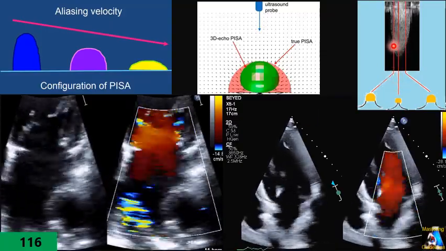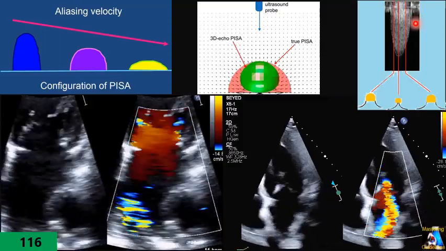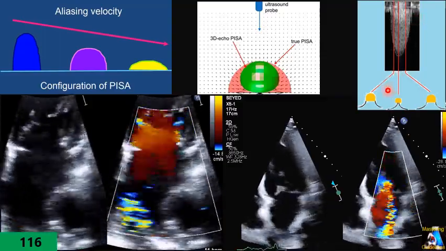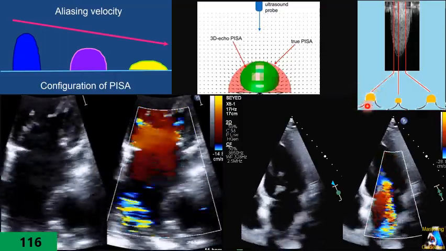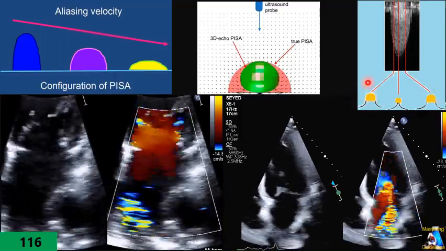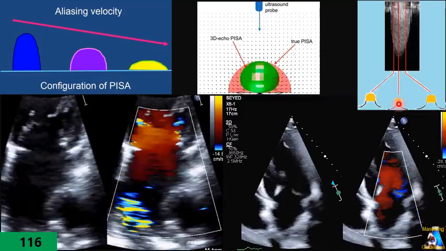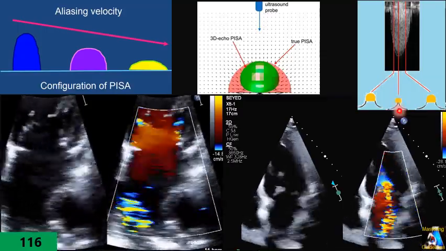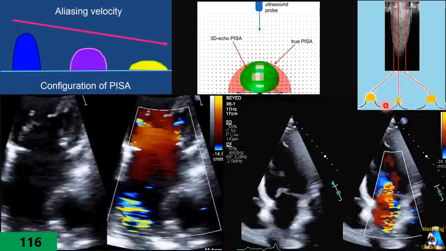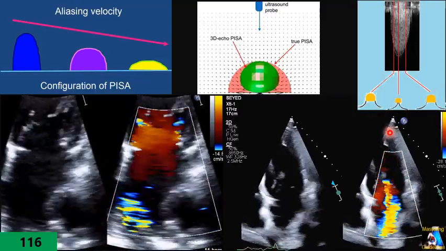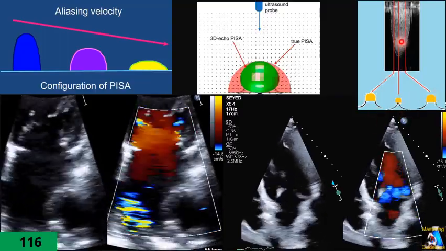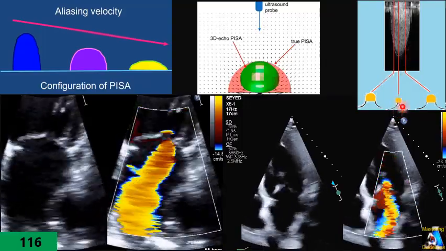At early systole and late systole, the closing force is lower, and so the PISA size increases at these two spots. At mid systole it becomes less, and based on the original recommendation, we measure at mid systole for PISA.